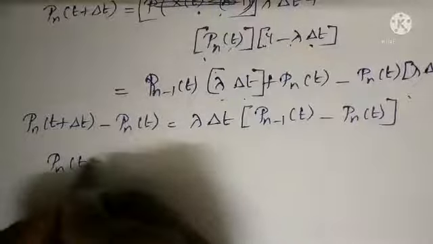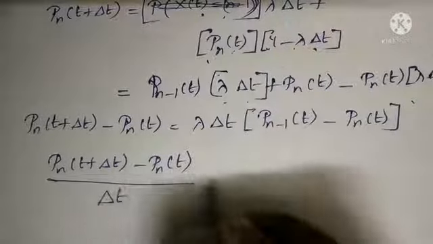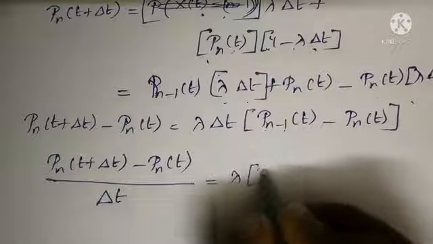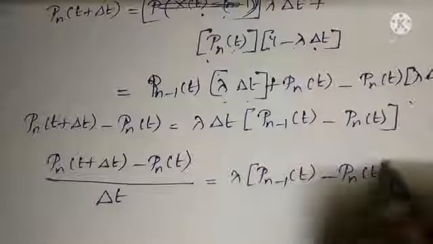And I can write it as Pn of t plus delta t minus Pn of t by delta t equal to lambda into Pn minus 1 of t minus Pn of t.